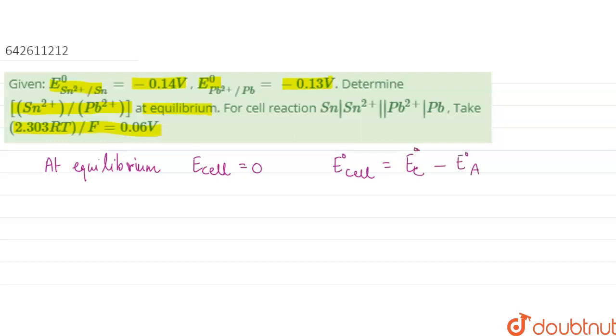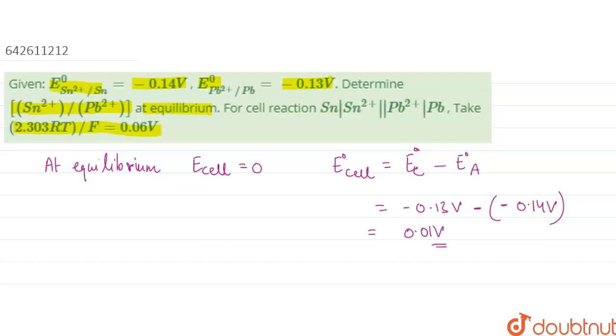Here the value of E naught of cathode is given as minus 0.13 volt, and for anode it is given as minus 0.14 volt. When we solve this, we get the value 0.01 volt. Okay, this is the E naught of the cell.